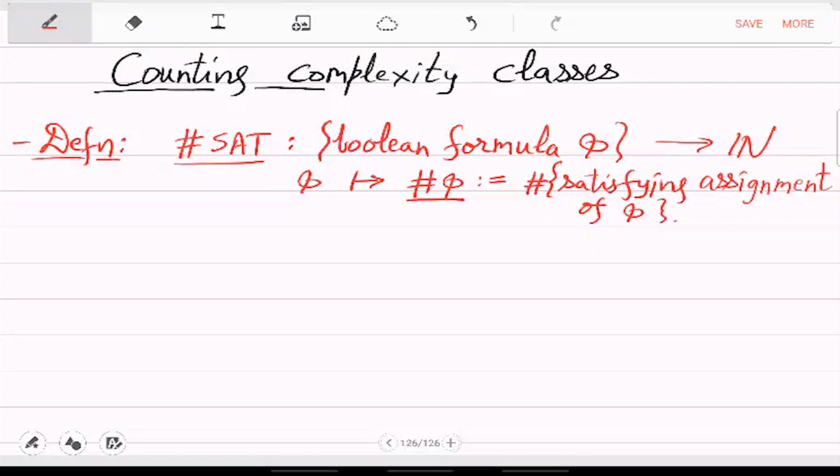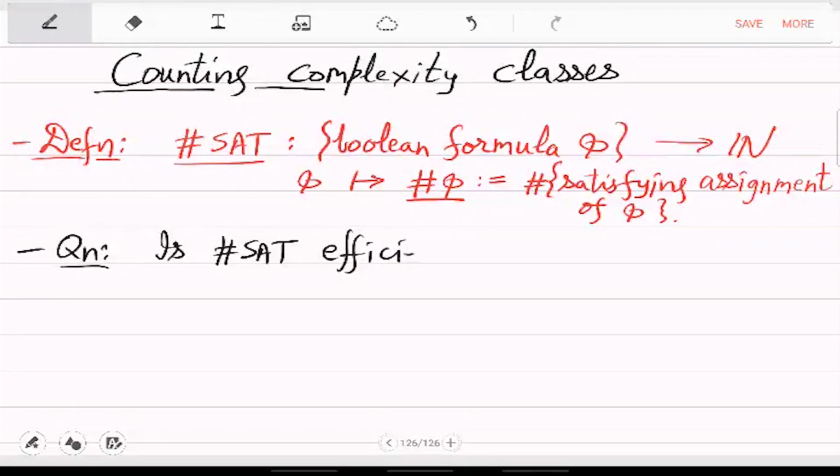And as always, our interest is how fast can you solve this. So is #SAT efficiently computable?